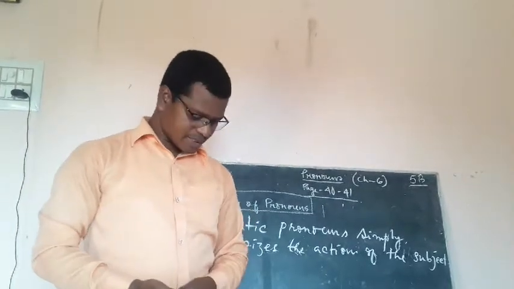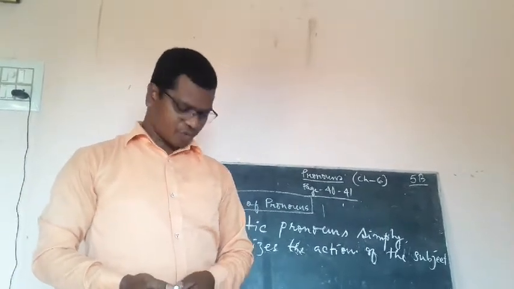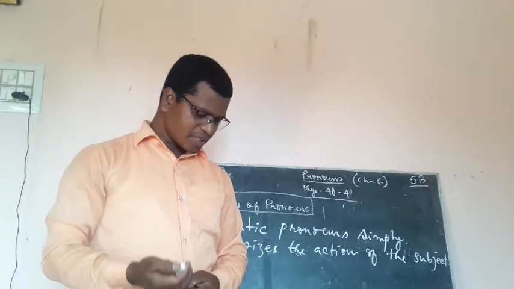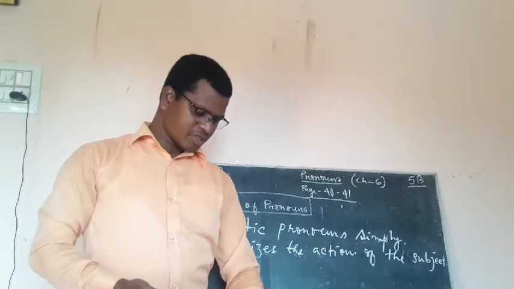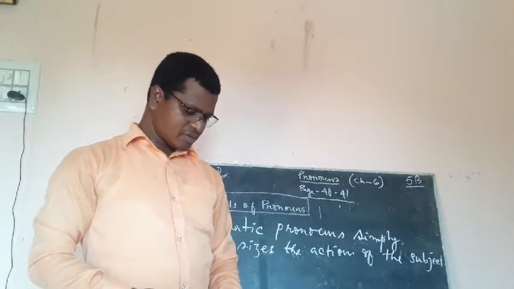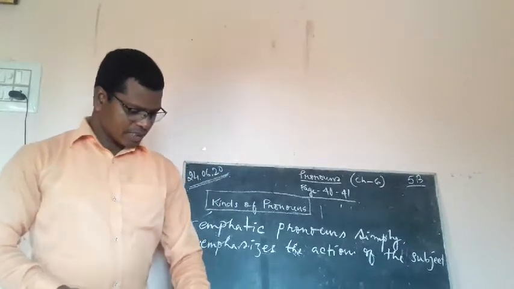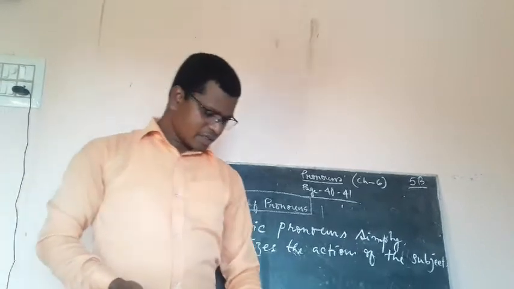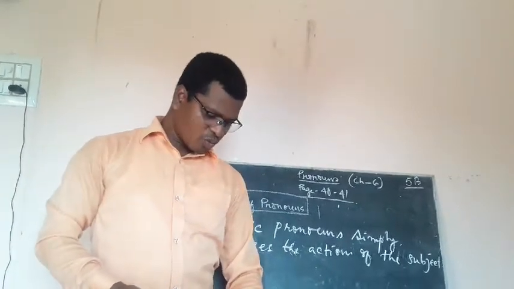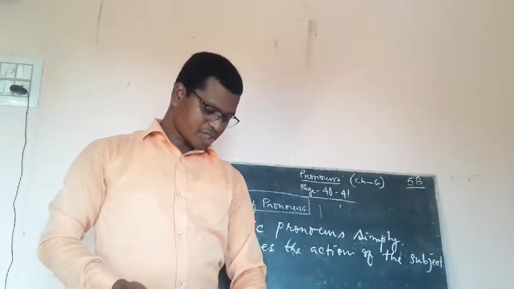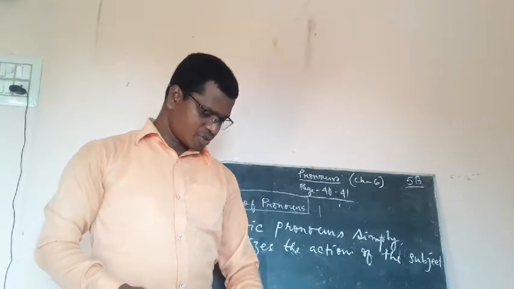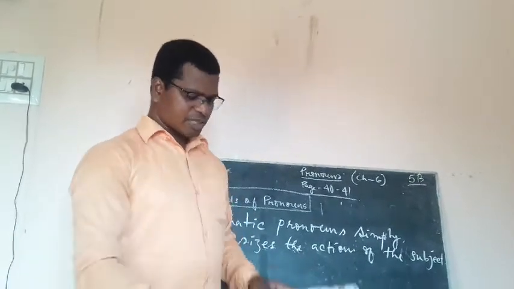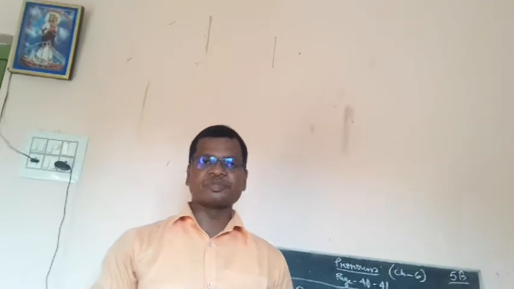And now we will discuss the exercise from page number 41. Use suitable reflexive or emphatic pronouns to complete the sentences. I'll just tell you the first one: he hurt himself while cooking vegetable soup. So this is what kind of sentence? He hurt himself.